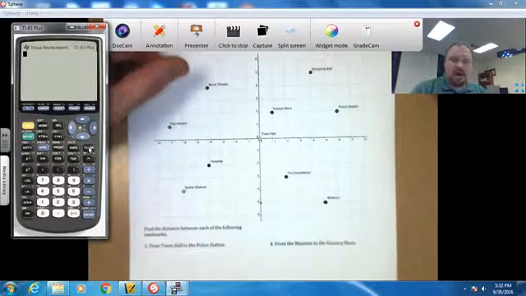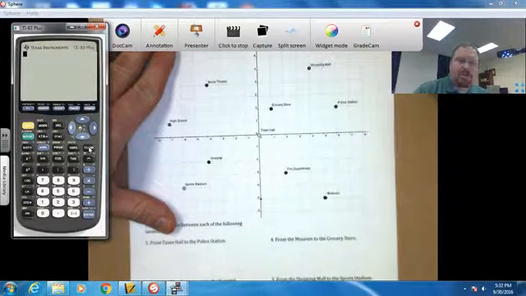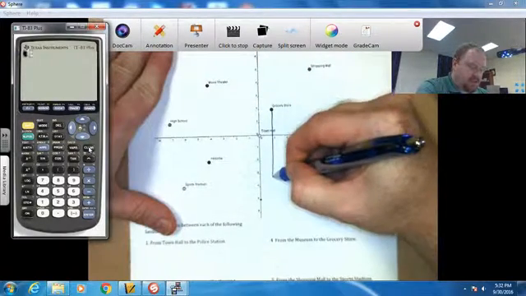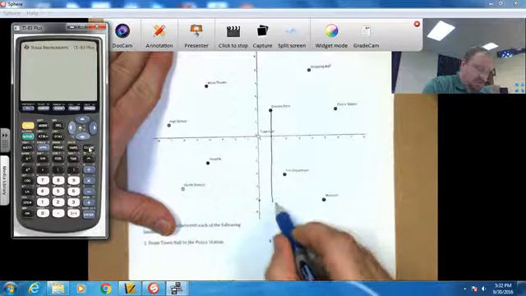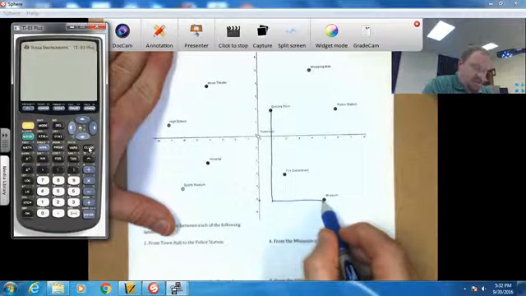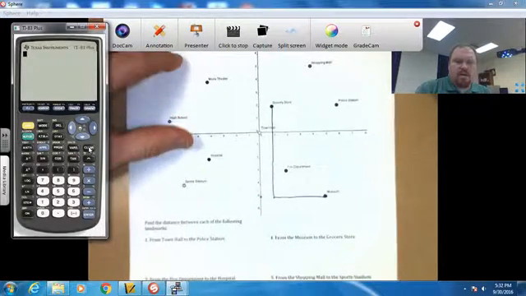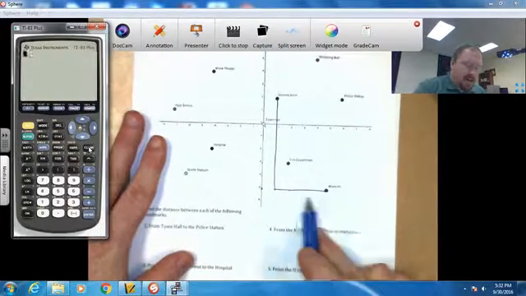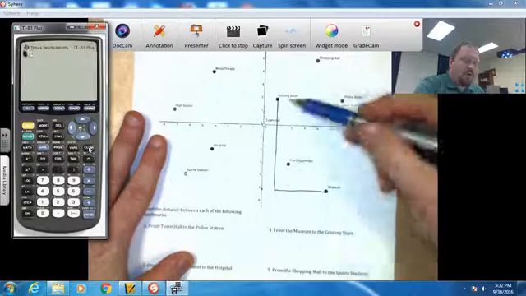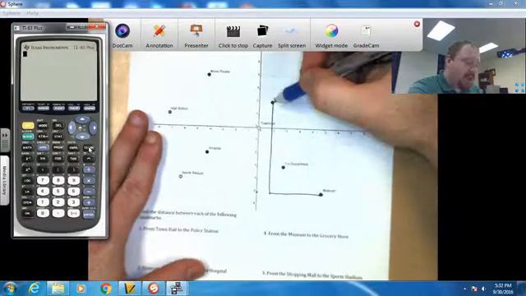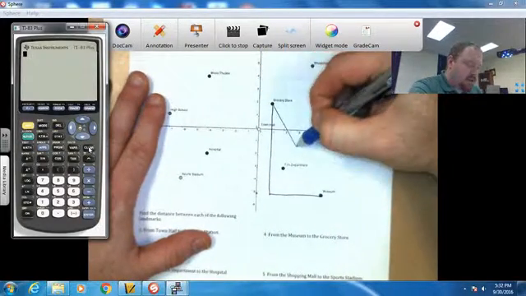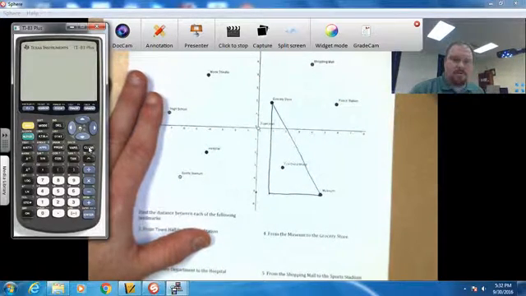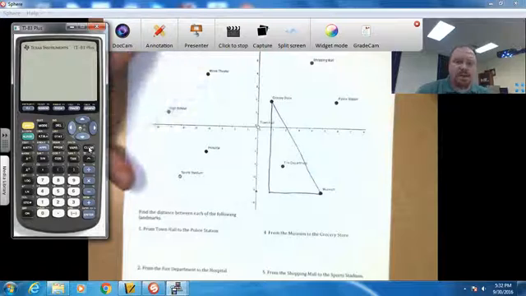So all I'm going to do is draw the distance to each. Now, what we want to know is not how far it is left and then up or down and then right. We want to know actually how far it is directly. We want to know exactly how far that is directly.